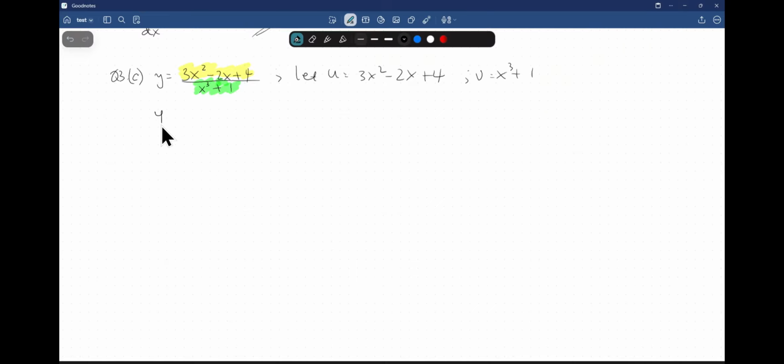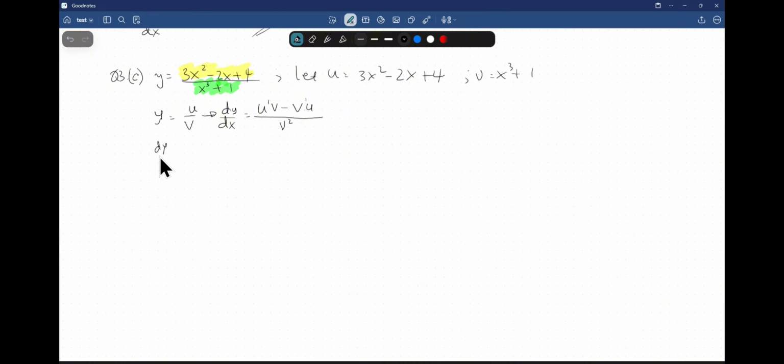So we have, in this case, y equals u over v. Therefore, dy dx, because both u and v are in terms of x, can be expressed as u prime v minus v prime, the derivative of v, times u, all over v squared.